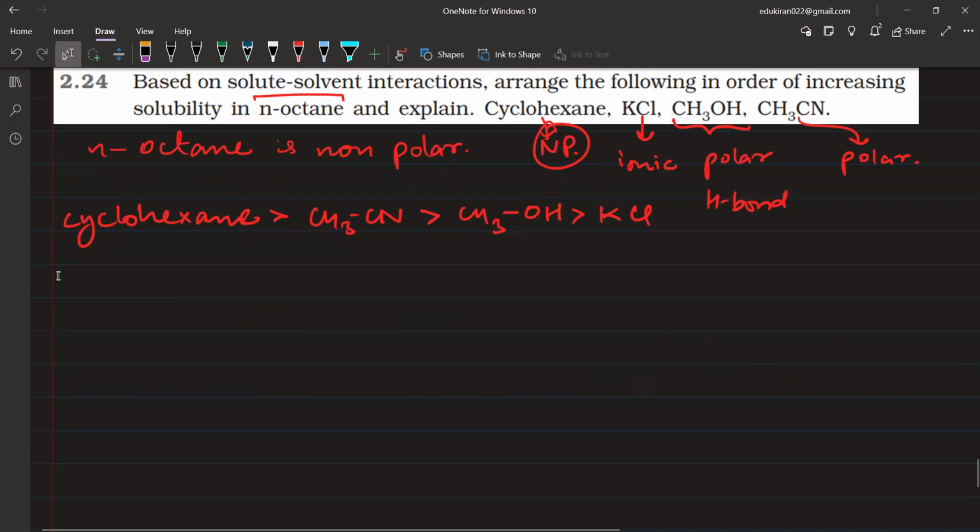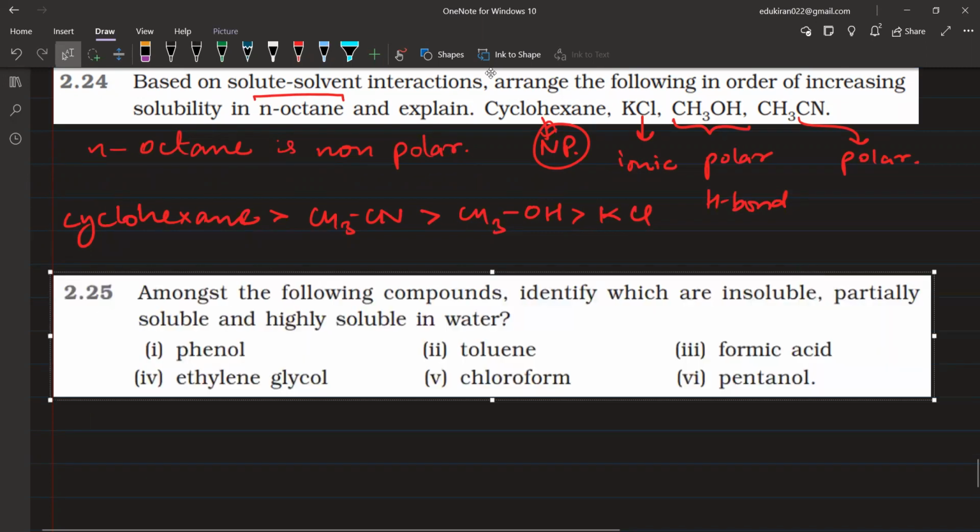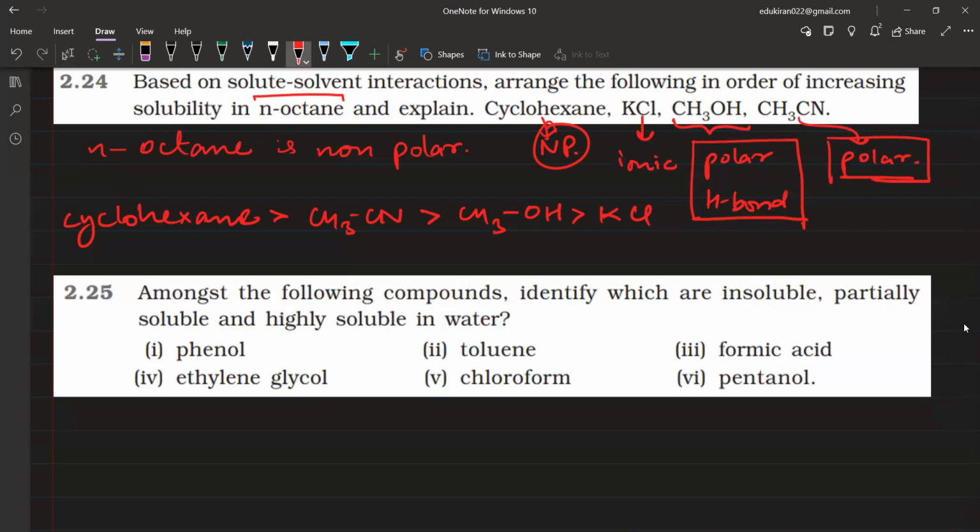Right, next question, similar सवाल है. Because this is polar hydrogen bond and this is only polar. The polar hydrogen bond is stronger than polar. ठीक है? This is a stronger intermolecular force of attraction than CH3Cl. ठीक है?